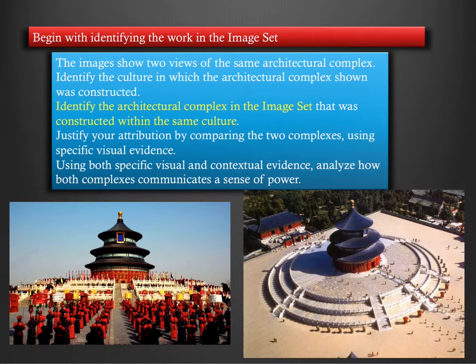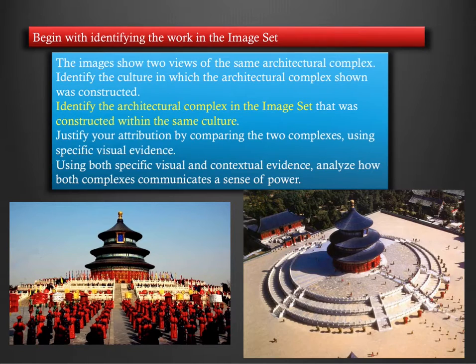Think about the Forbidden City and some of the things that you know had to do with power in the Forbidden City. We've already said previously that the geometry, the circles and the squares, were representative of heaven and earth. They're spatial representations of political power.